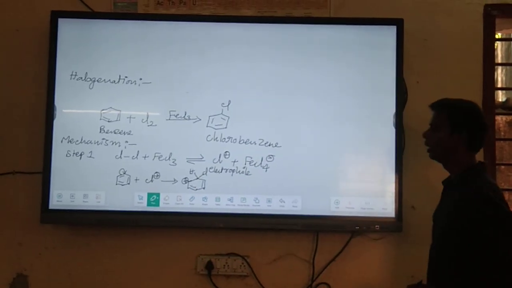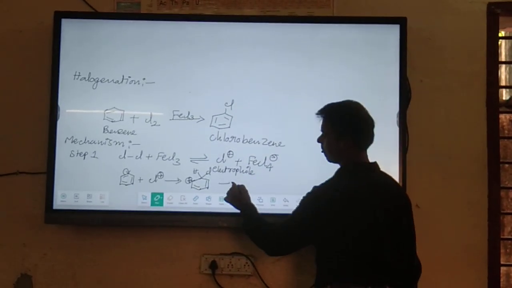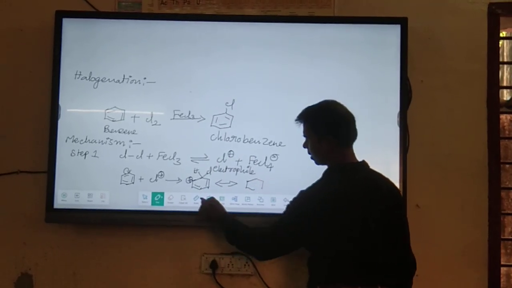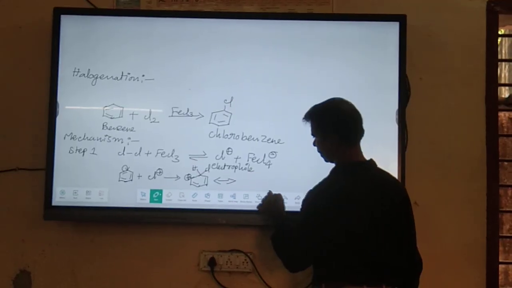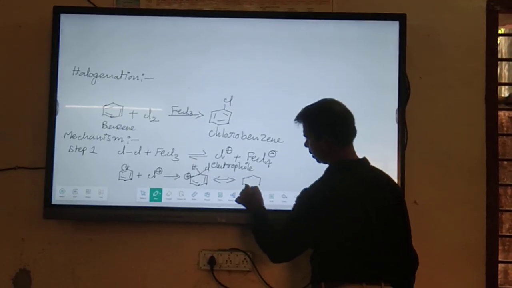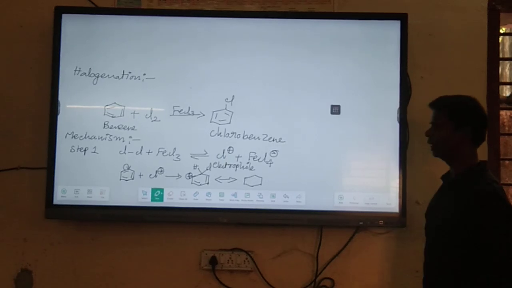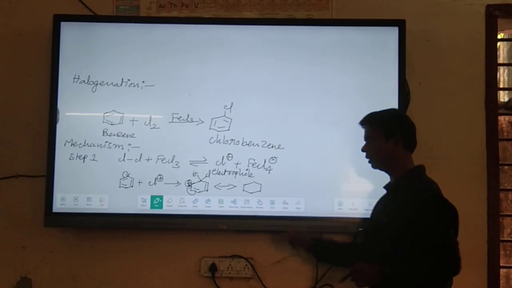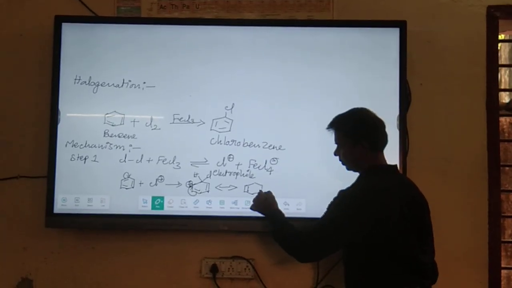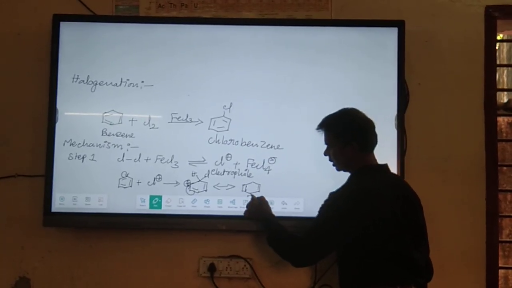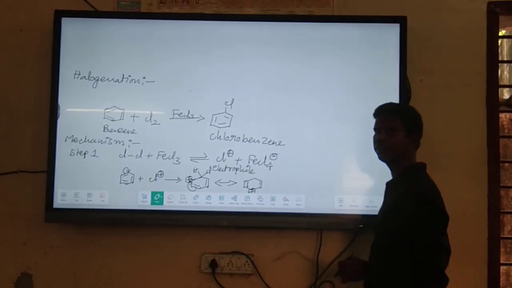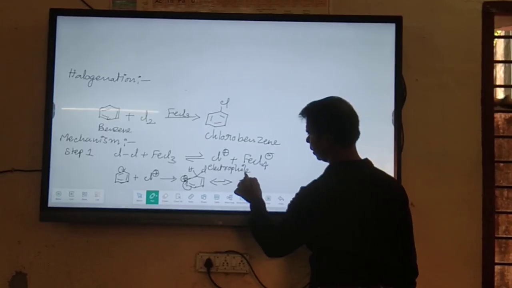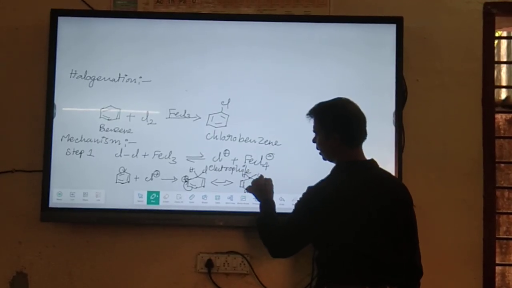Next, these pi electrons will shift here and it forms a positive charge. Now H, Cl is there.